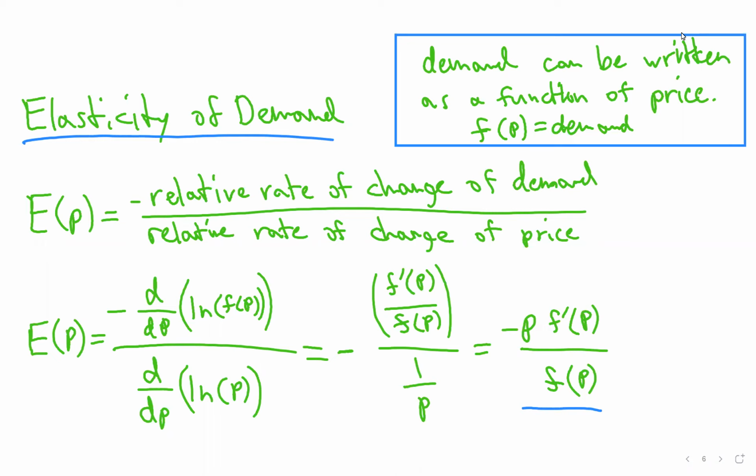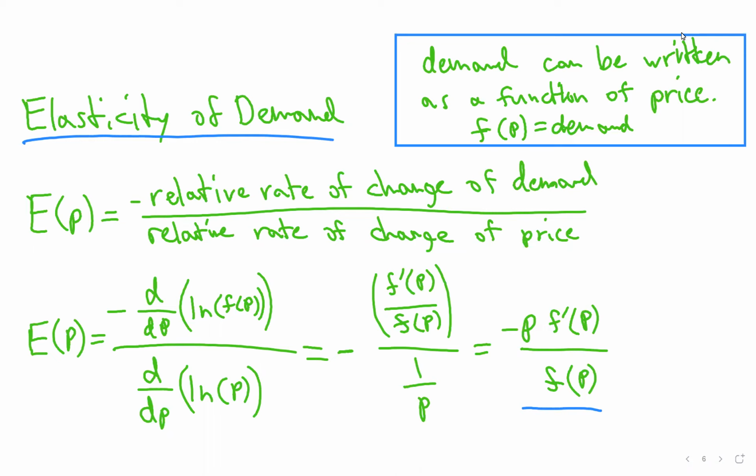We can simplify this relative rate of change of demand over relative rate of change of price into the formula negative f prime of p over f of p in the numerator, all divided by 1 over p, since we have the relations from how the derivative acts with the natural log function for each of the terms.